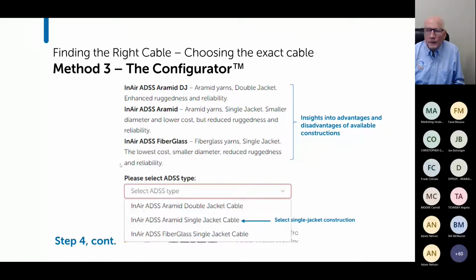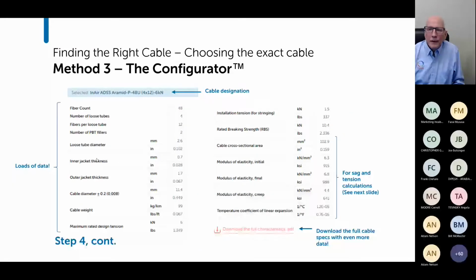So I picked the single jacket construction, and then I get this information, loads of data. I get an overall diameter, I get a weight, I get a maximum rated design tension or MRCL, plus I get cross-sectional area and modulus of elasticity information that I need to do sag and tension calculations.